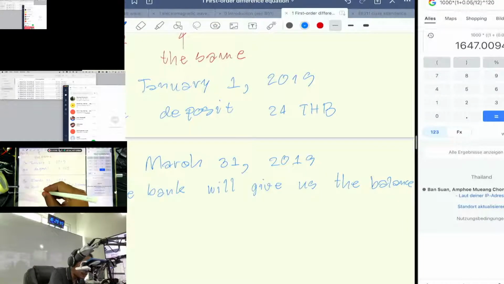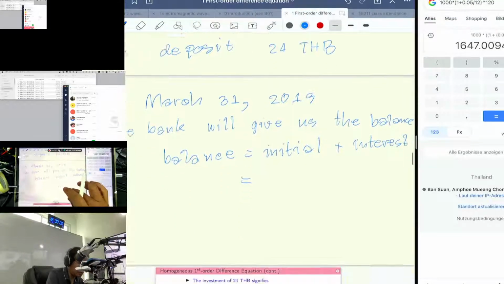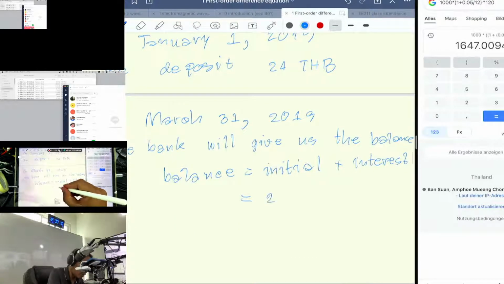Of course, the balance is the initial amount plus interest. Our initial is 24 plus the interest.